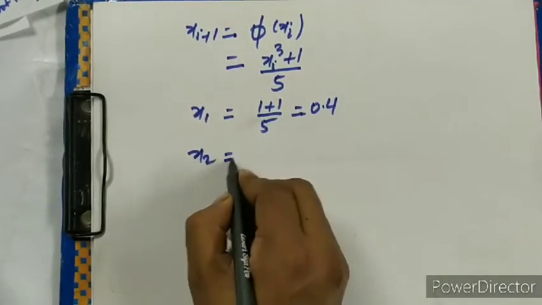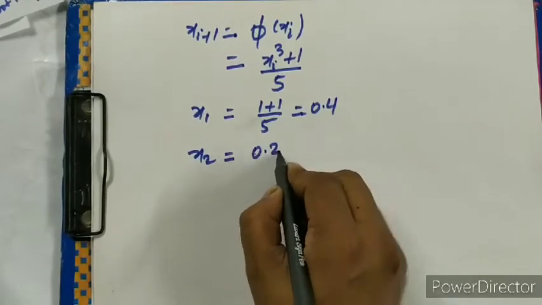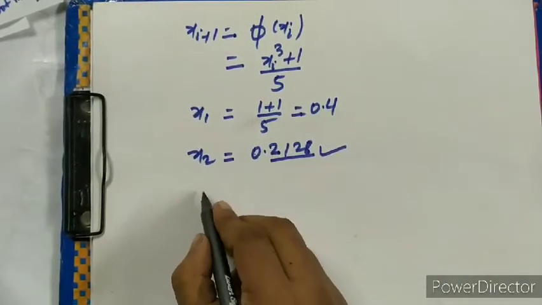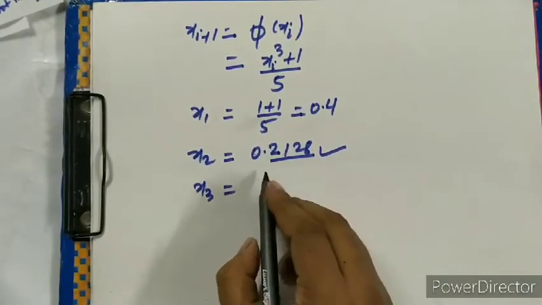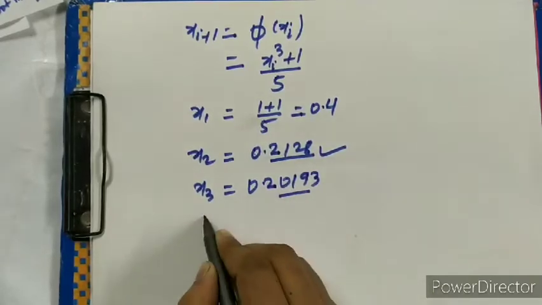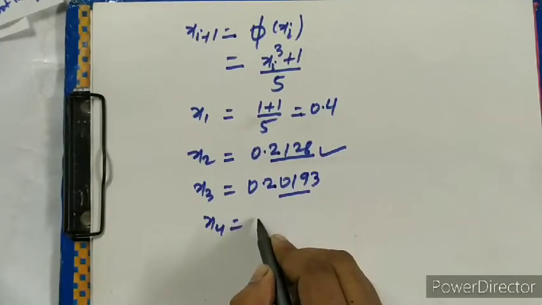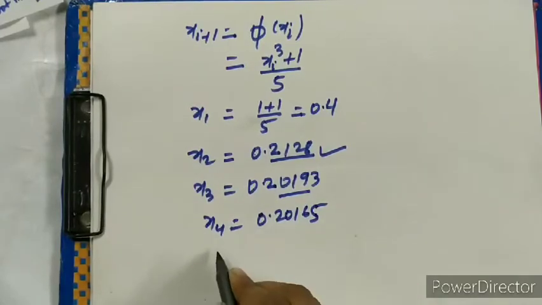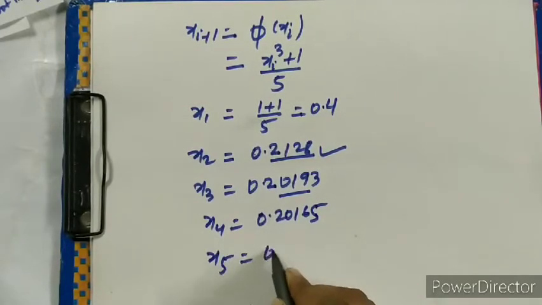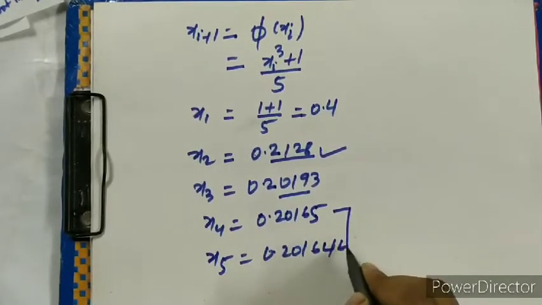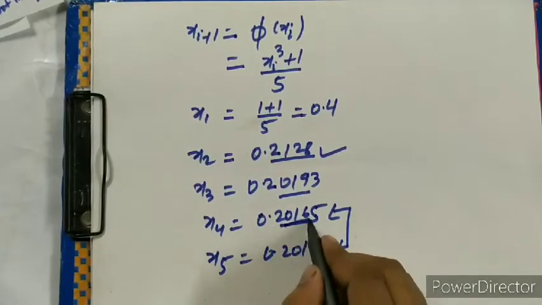Similarly x2 is equal to 0.2128, I have already calculated, and similarly x3 is equal to 0.20193, x4 is equal to 0.20165, and x5 is equal to 0.20164, repeated up to 4 decimal places.